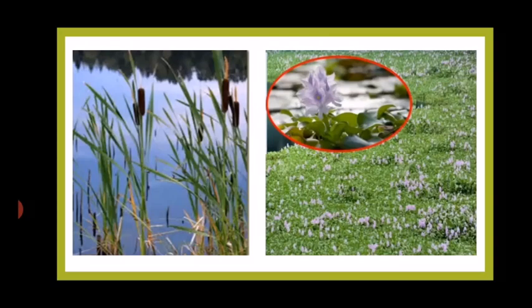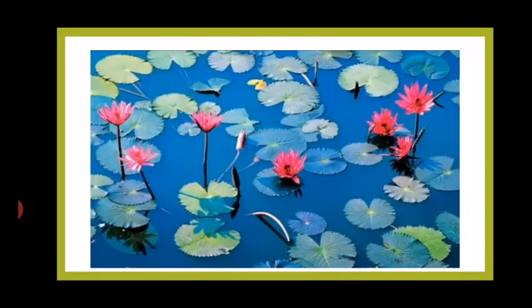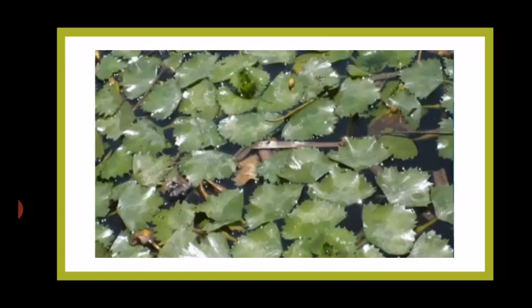Let us look at some more water plants. Look, you must have seen this plant and this beautiful flower. This is a lotus. Lotuses are flowers or plants which grow only in water. You cannot pluck it from water and try to plant it in soil. Now look, this is one more water plant. This is called the water chestnut.